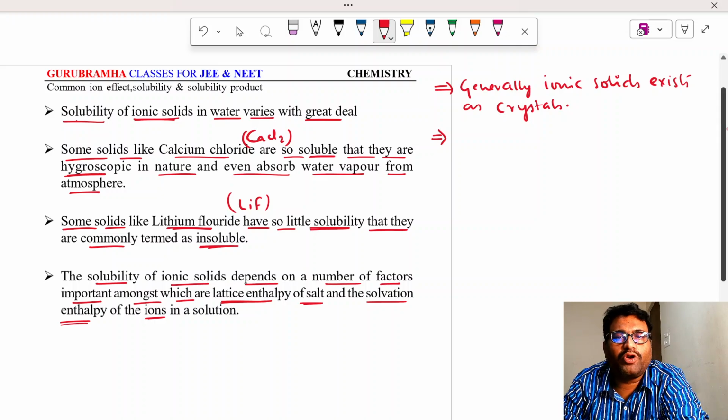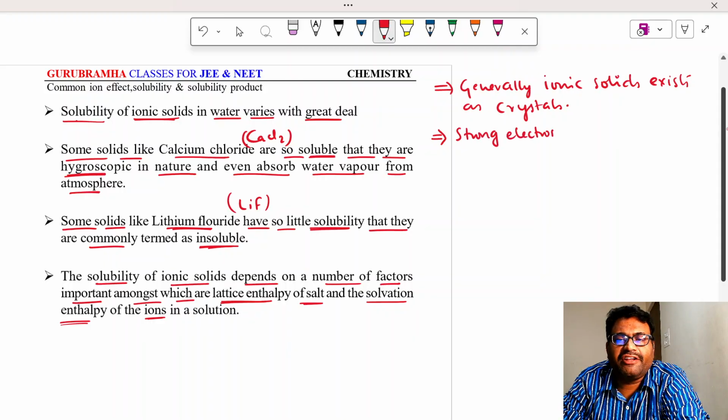Due to that proper arrangement of ions, they get a proper shape, so we call it crystalline form. Strong electrostatic force exists between the oppositely charged ions in an ionic solid.